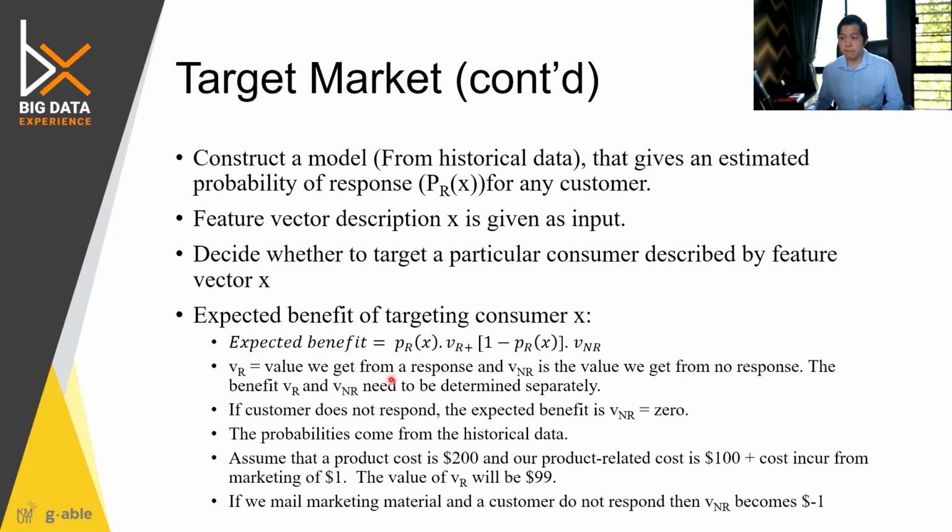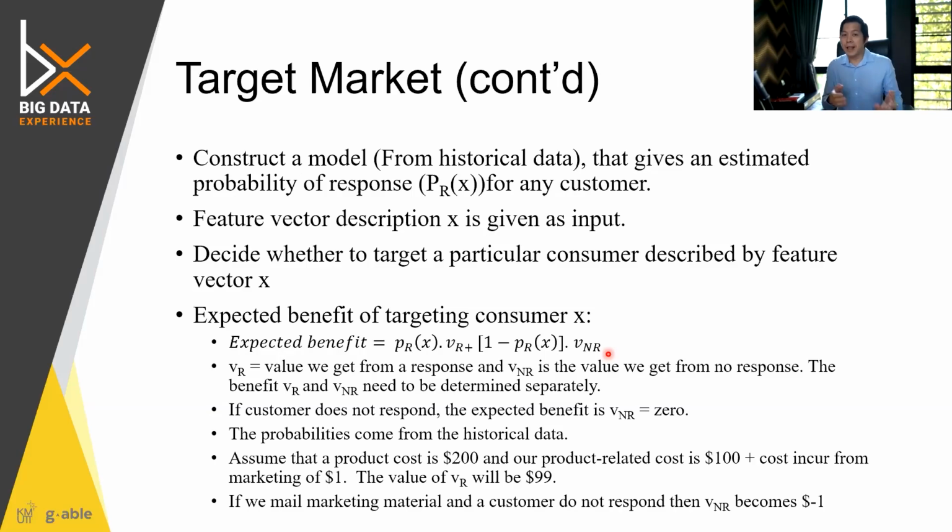Expected benefit comes from the probability of response, PR, multiplied by the value of responding, VR, plus 1 minus PR, the probability of not responding, multiplied by the value of not responding, VNR. You may wonder, how come not responding has value?